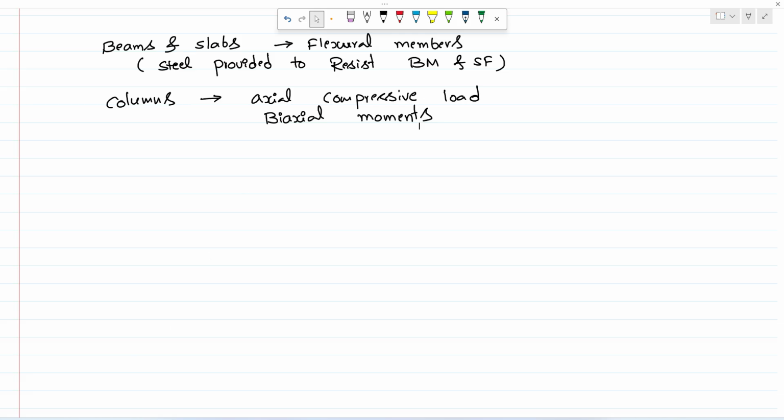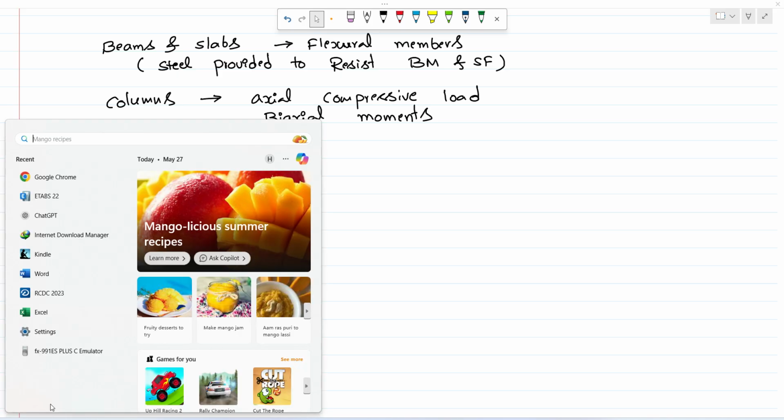So this I clearly explained in ETABS while defining your section properties.